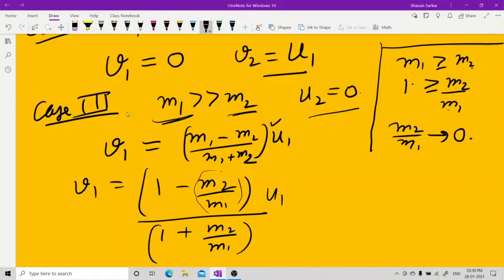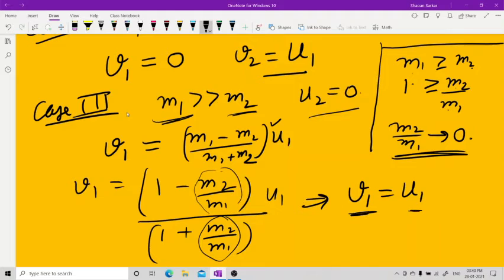This portion becomes 0, this portion becomes 0, so you have V1. So because of this condition, we have V1 equal to U1. The cycle will fly up with the velocity of the truck.